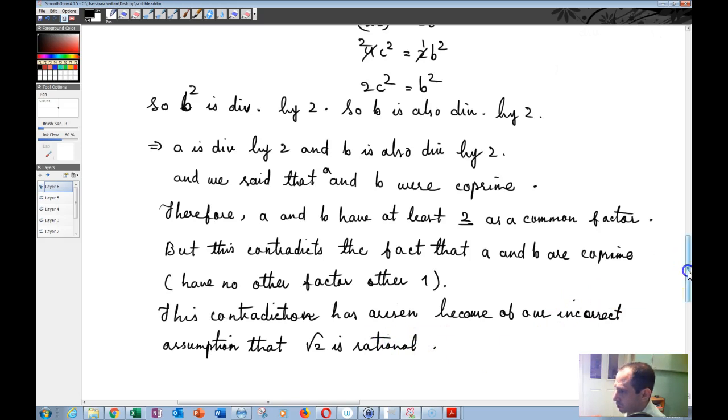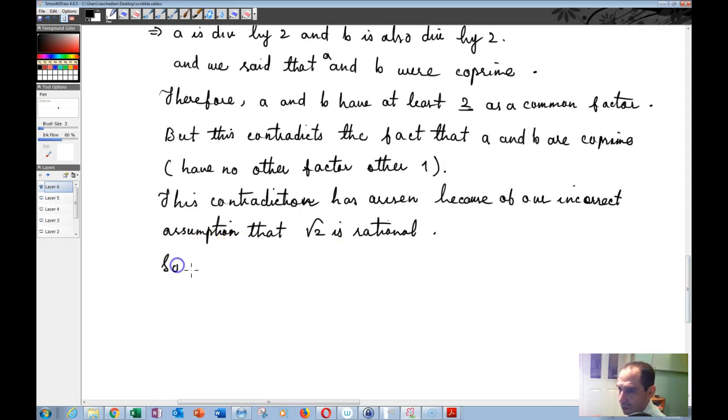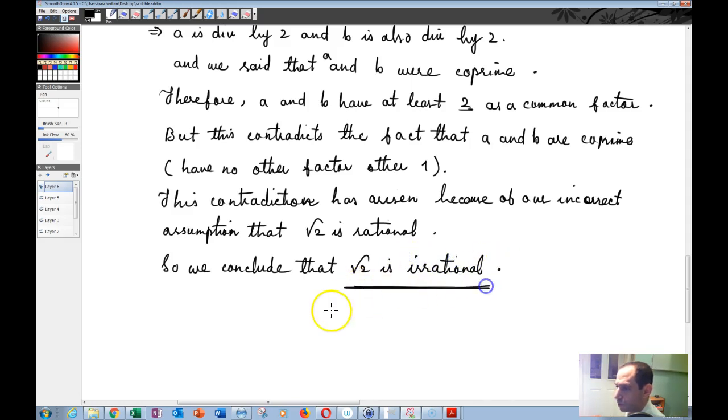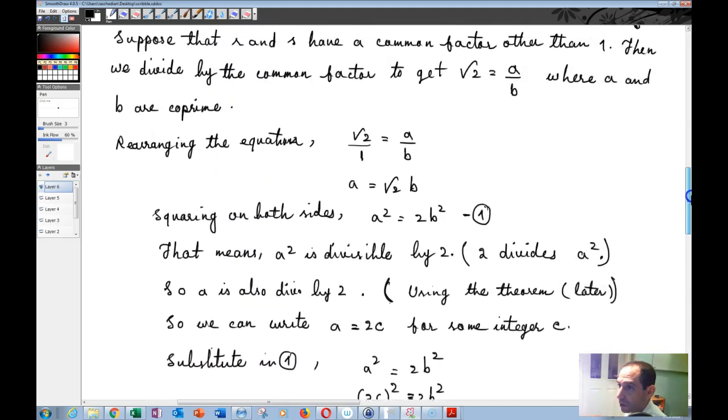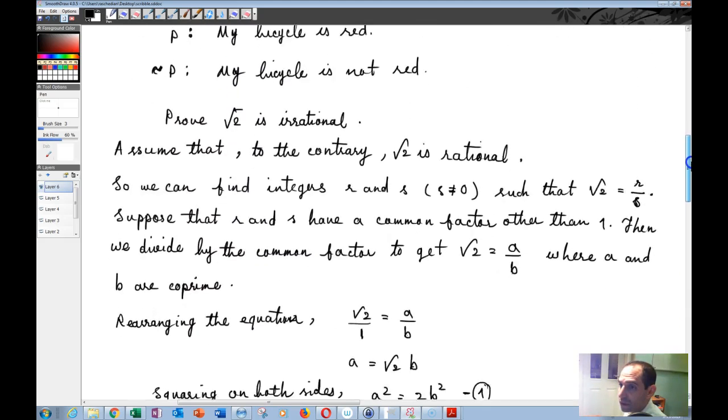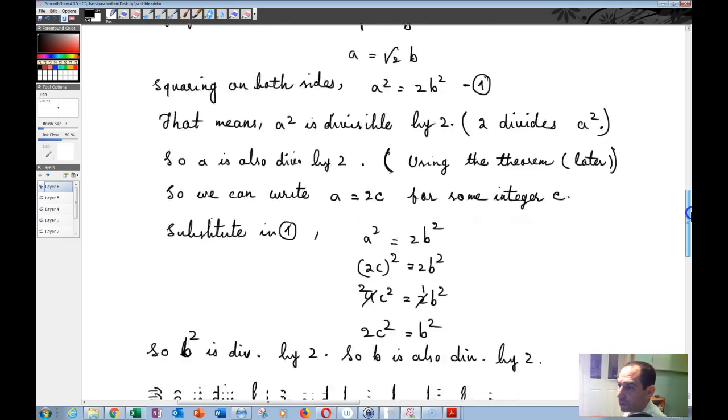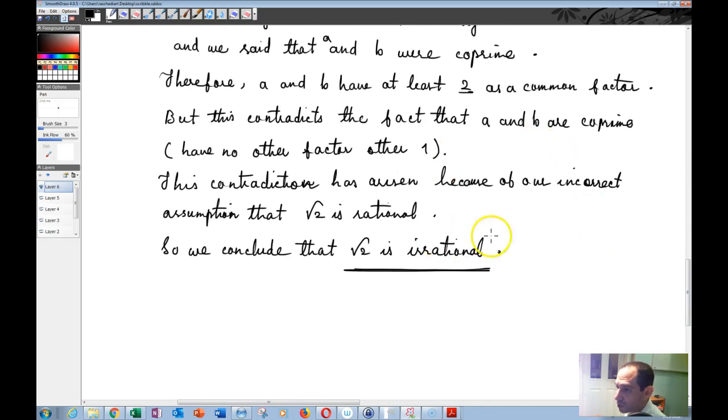Okay? So we conclude that square root of 2 is irrational. And that's basically what we wanted to prove, that square root of 2 is irrational. So that is basically one example of proof by contradiction.